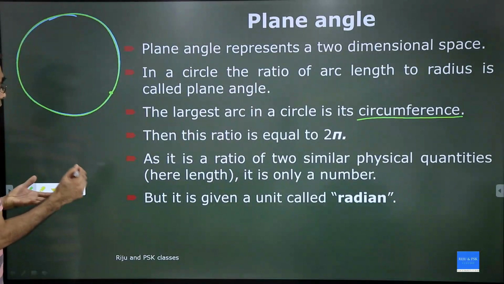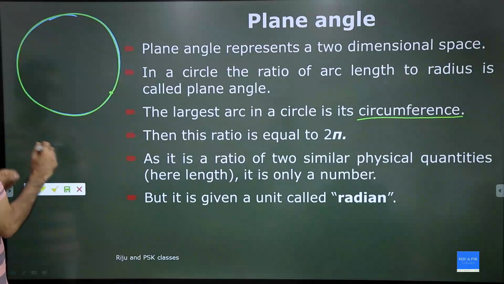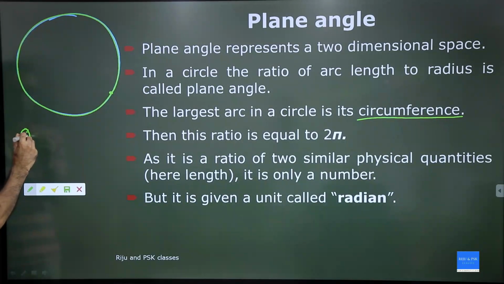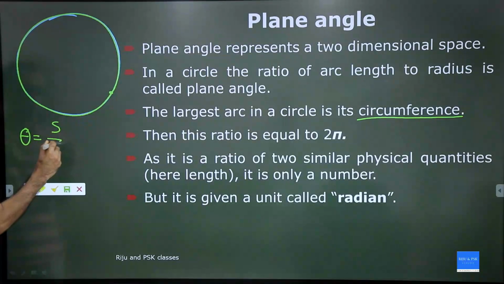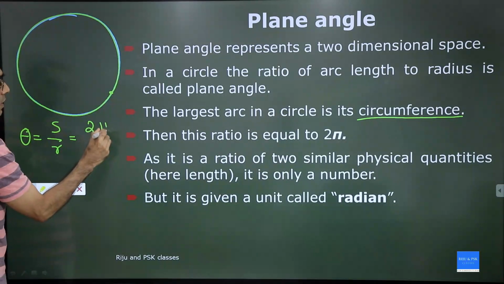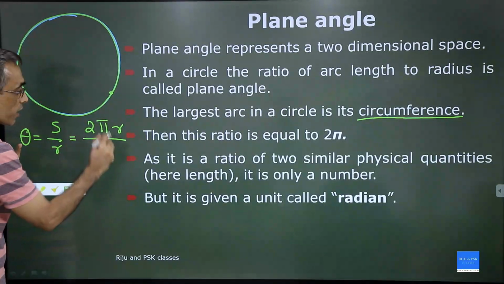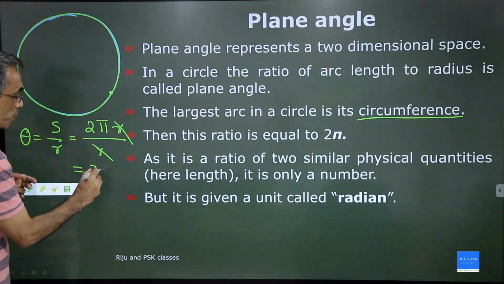So what will you get if you divide the largest arc by radius? Because we know the angle theta is defined as arc length by radius, and the largest arc is the circumference, that is 2 pi r. You divide it by radius, r and r cancel, you will get 2 pi.